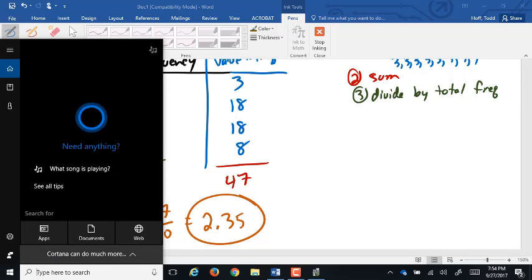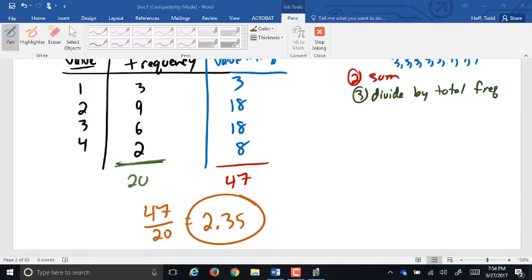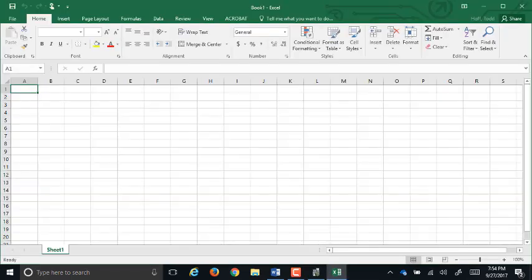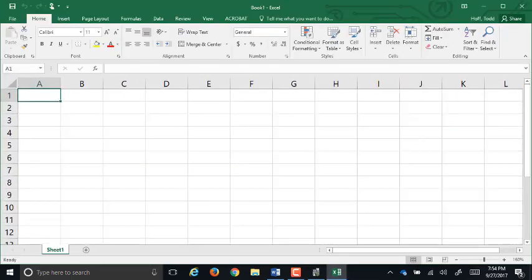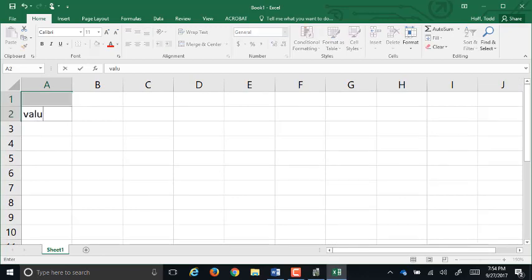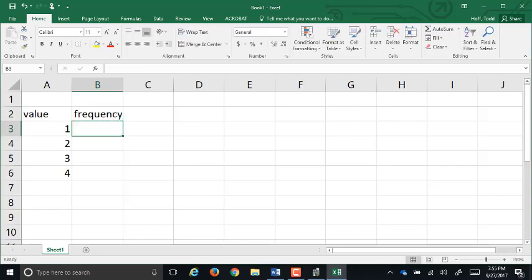I'm cheating. That worked out well. So I'm just kind of reconstructing my table in Excel here. What were my frequencies? 3, 9, 6, 2. Okay.